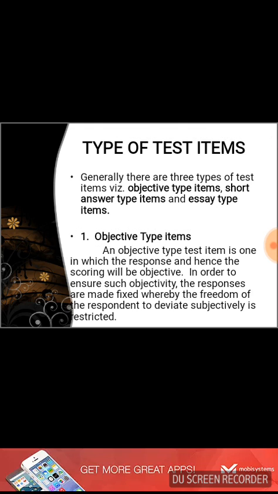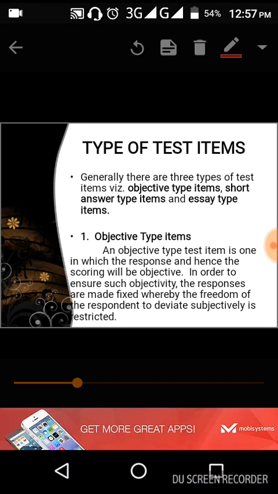An objective type item or objective type test is one in which the response and hence the scoring will be objective. In order to ensure such objectivity, the responses are made fixed, whereby the freedom of the respondent to deviate subjectively is restricted.